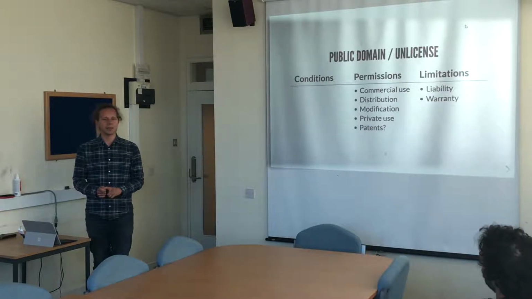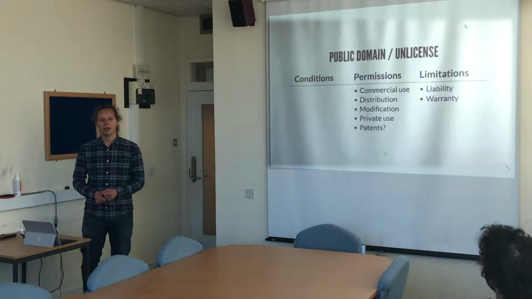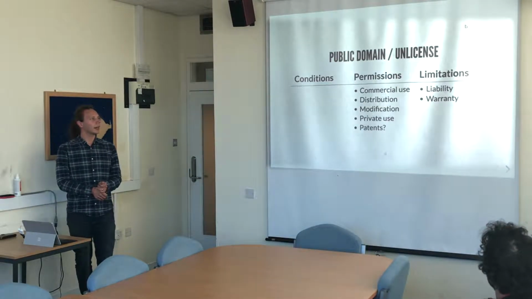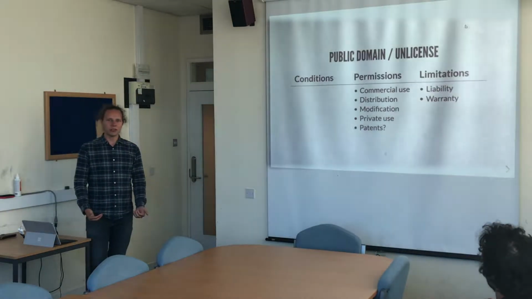The unlicensed specifically gives some list of permissions, but it also tries to make it clear that this is actually a declaration that this is a public domain work. It does mention limitations.